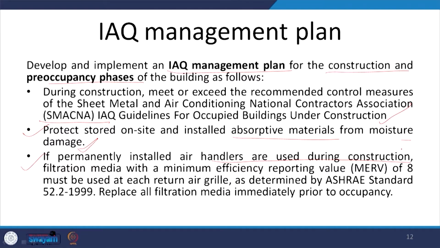It is determined by ASHRAE standard 52.2, and all the filtration media must be replaced immediately prior to occupancy. So, during the construction, the filtration media with a MERV of 8 should be there and it should be changed prior to occupancy. The same filtration media will not continue from the construction phase to the occupancy phase; it has to be changed.